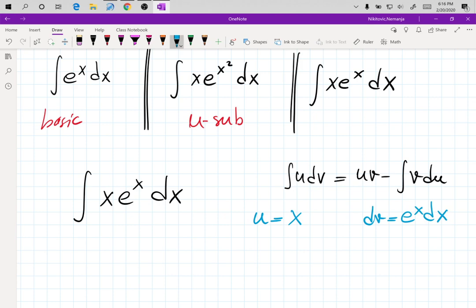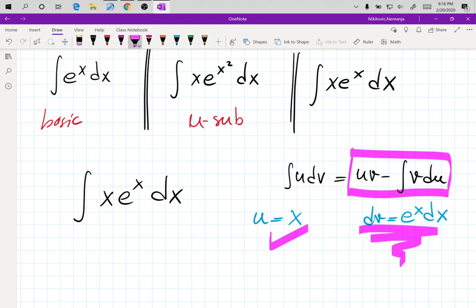But we'll get there. Now, clearly, for the formula part, which is on the right side, I need a u piece. I already have it. I need a v piece. Well, how am I going to get a v piece? Well, I can integrate this, and I can get a v piece, right?